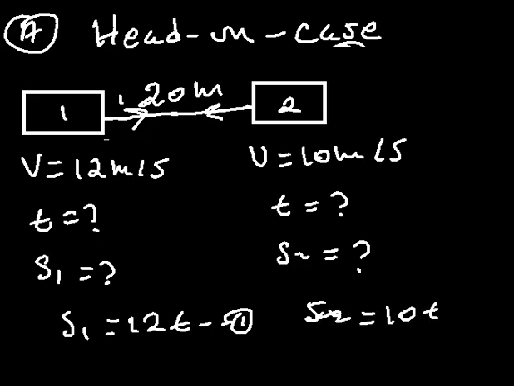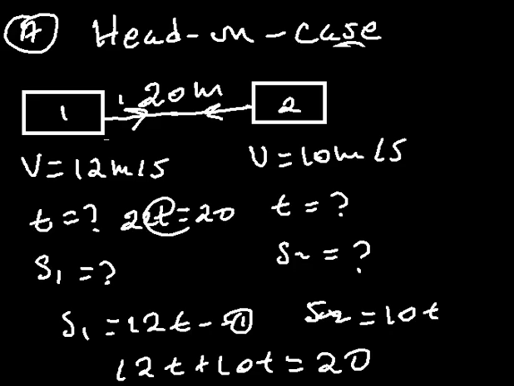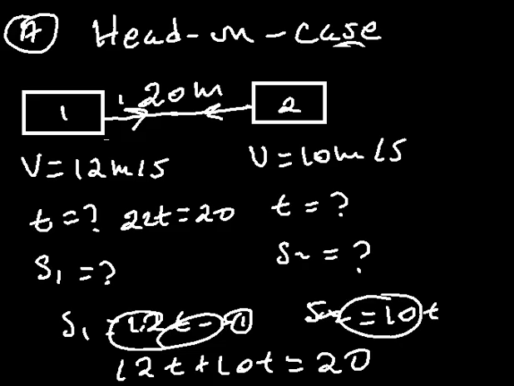Also keep in mind that 12t plus 10t will be equal to 20. Then we'll have 22t is equal to 20. Then you'll be able to solve for time, and afterwards you substitute and find their respective distances. As simple as that.